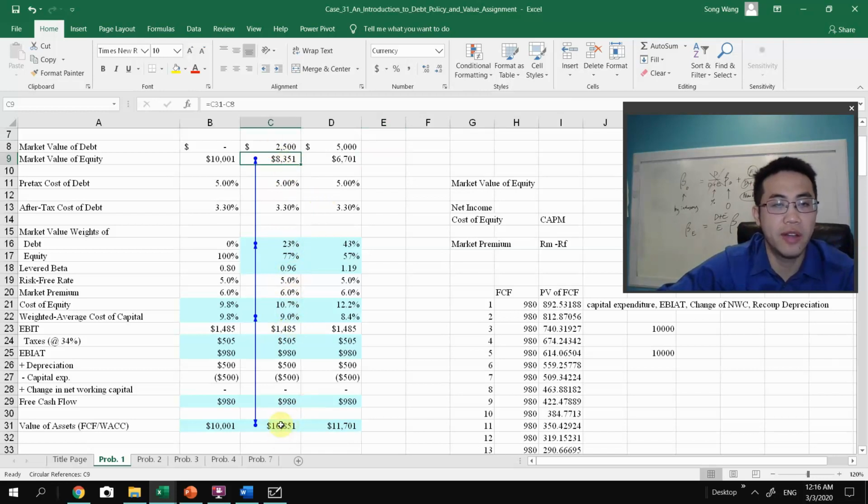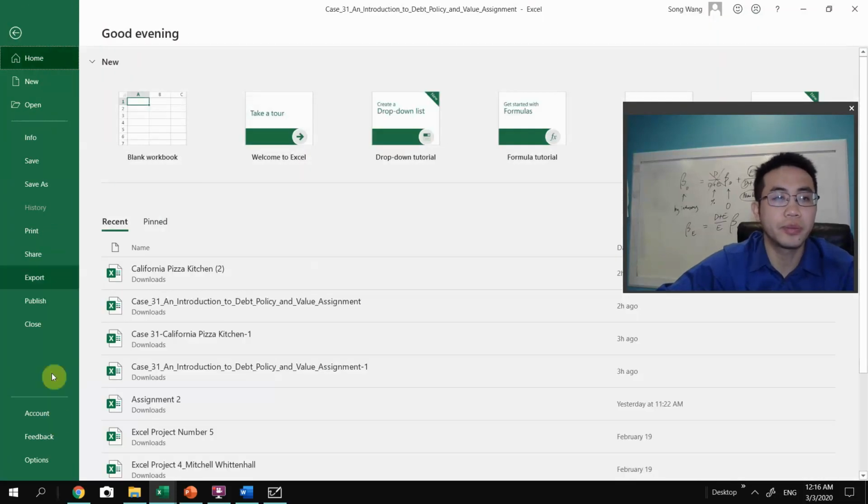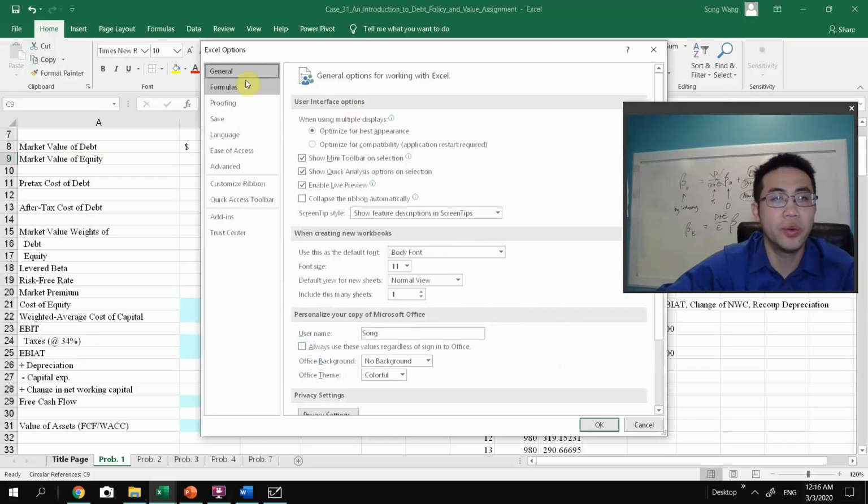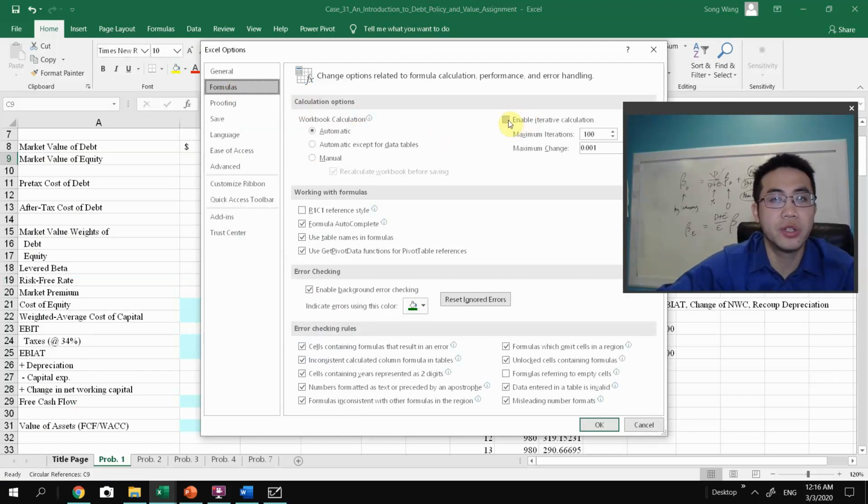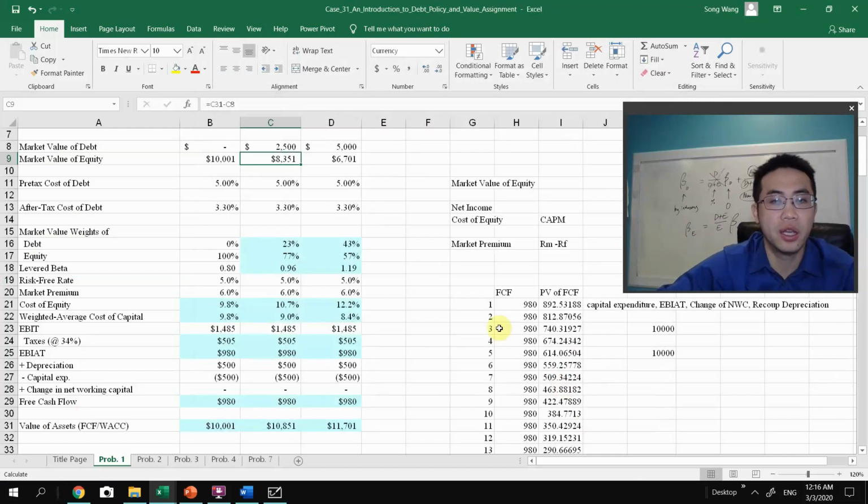So basically the value of assets is from the market value of equity somehow, and also the market value of equity is from the value of assets, as I used the difference between assets and debt to solve for that. So this is called a self-reference problem. In order to solve that, as I said, you're going to enable iteration in your options formulas as we have done before in the pro forma analysis.